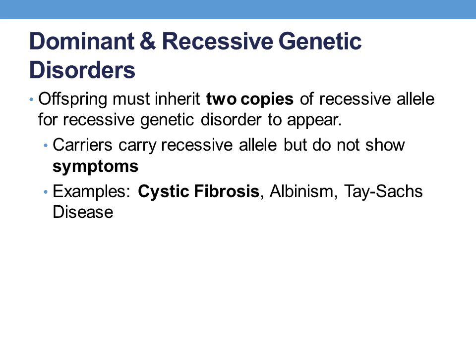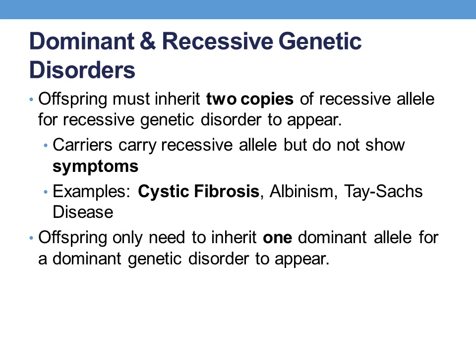And some examples here of recessive genetic disorders are cystic fibrosis, which affects the lungs, albinism, which affects the skin coloring, and Tay-Sachs disease, which affects the lysosomes in brain cells. It's a neurological disorder. On the other hand, we have dominant genetic disorders, which are inherited with dominant alleles.